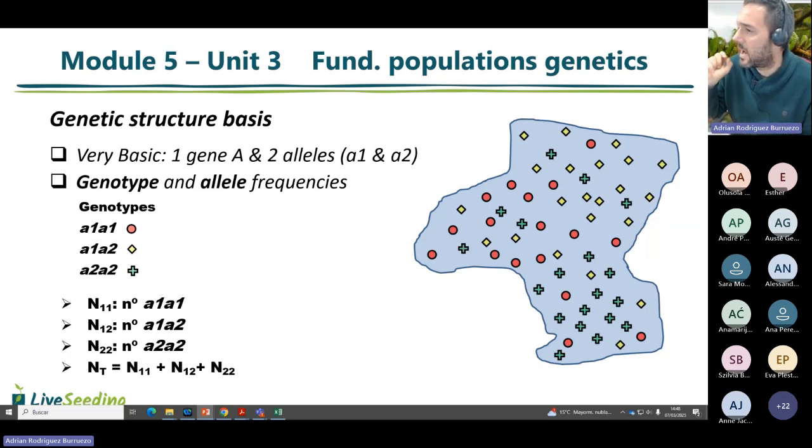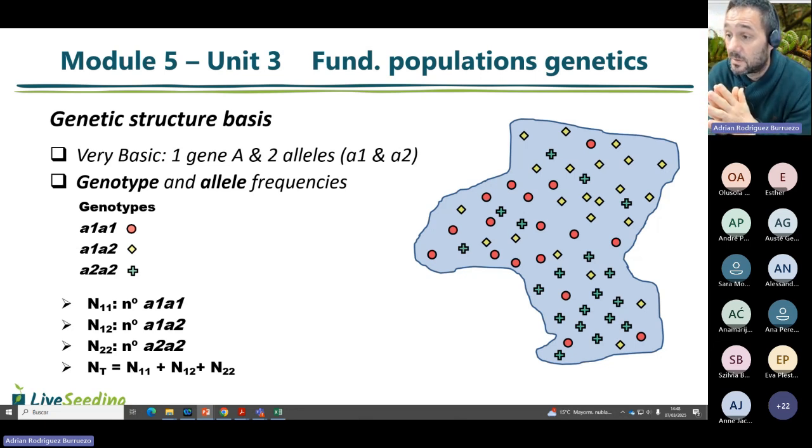Allele A1 or allele A2. Considering that, as with many species, we are assessing the genetic structure of a diploid species, the different genotypes we can find in this population are only three possibilities, three combinations in pairs of these alleles.